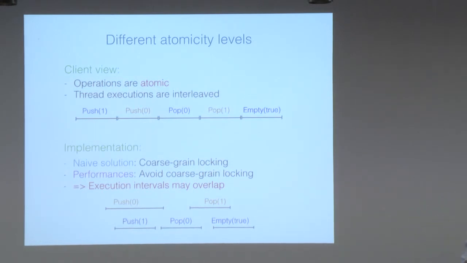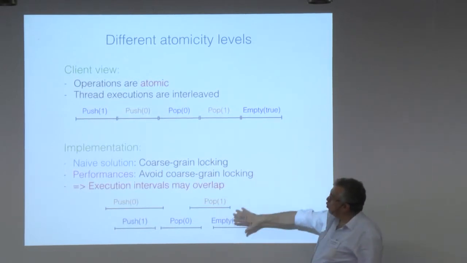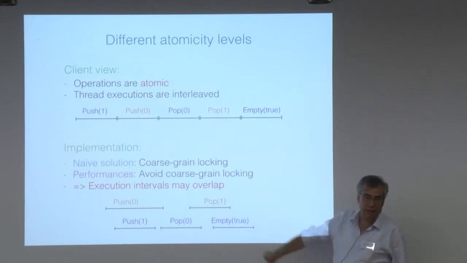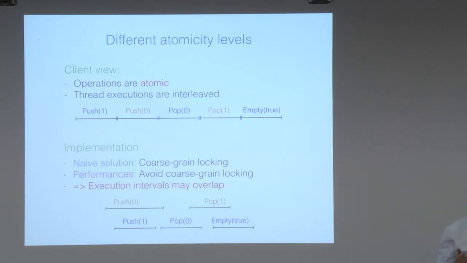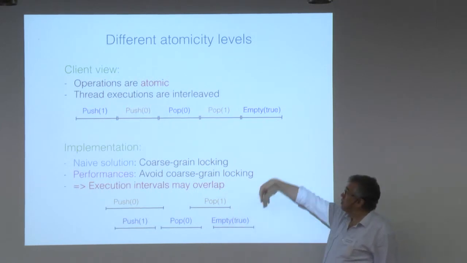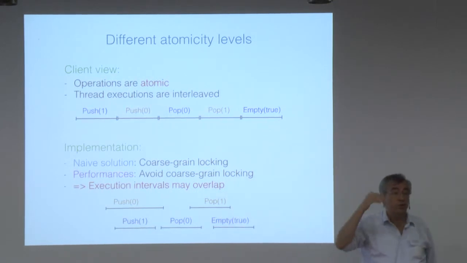So he needs to allow as much as possible that these operations overlap in time. So the real execution will look like something like that. But still, the job of the implementer is to go fast and try to maximize parallelism, but still ensure to the user this atomic view. Okay, so that's the essential problem.